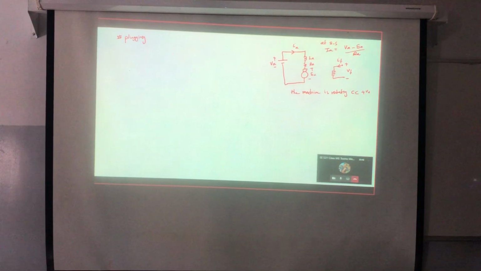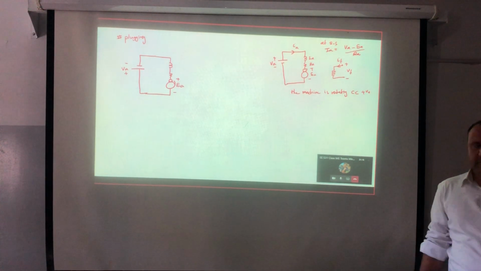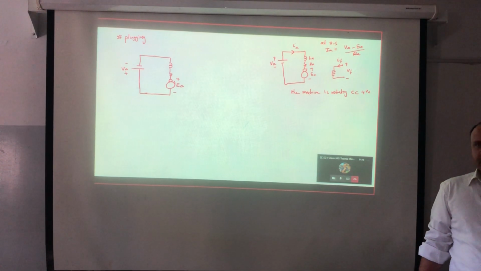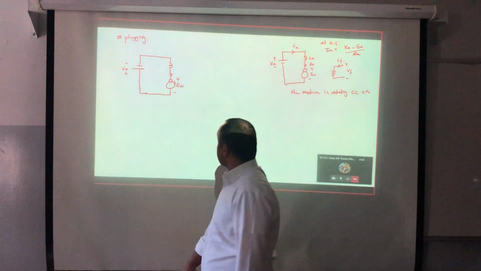So in plugging, I will plot only the armature circuit here. Now, what will happen here?